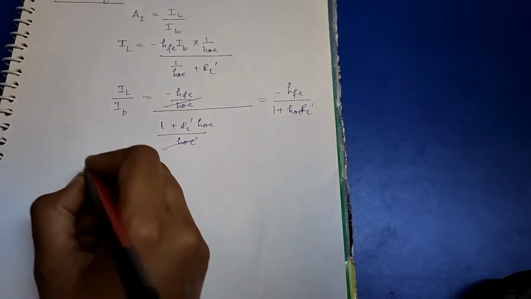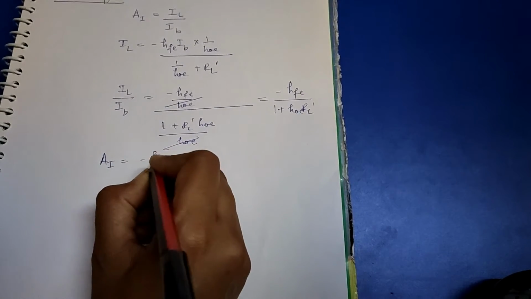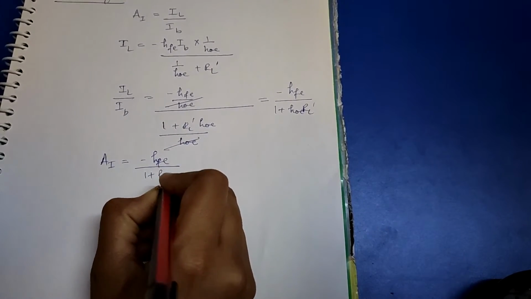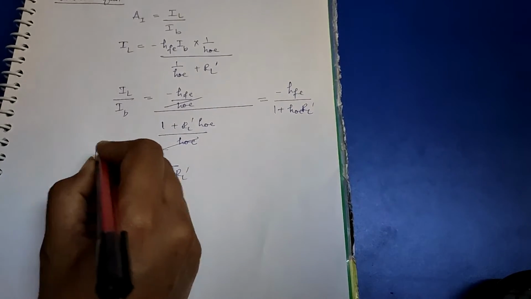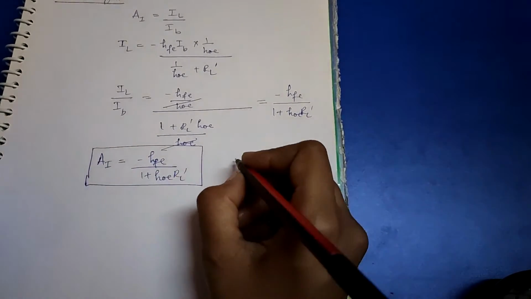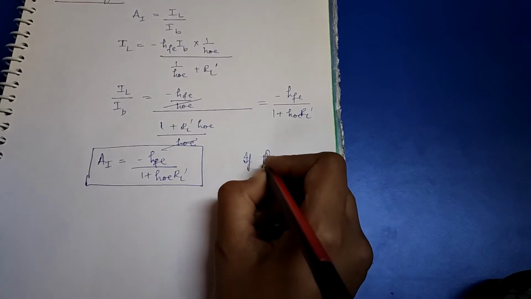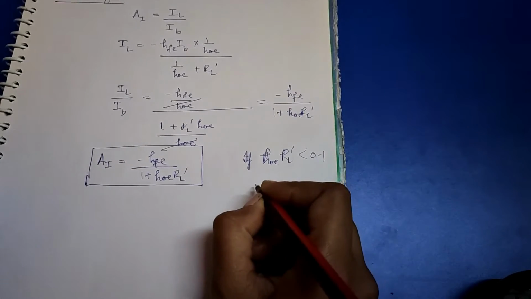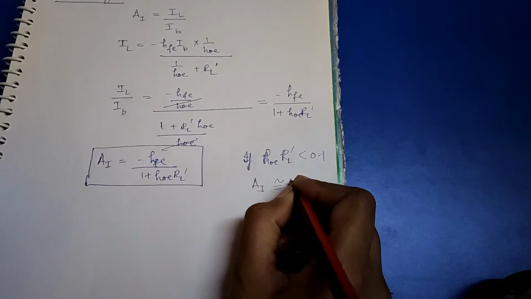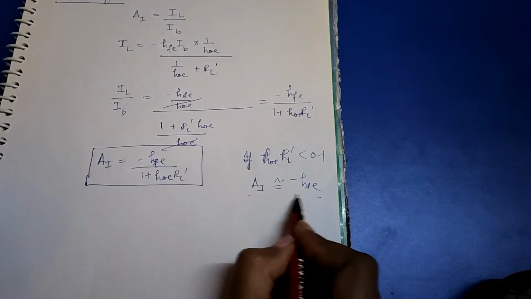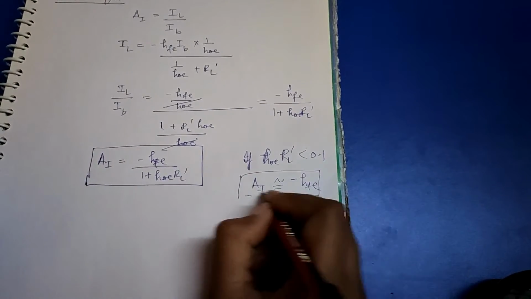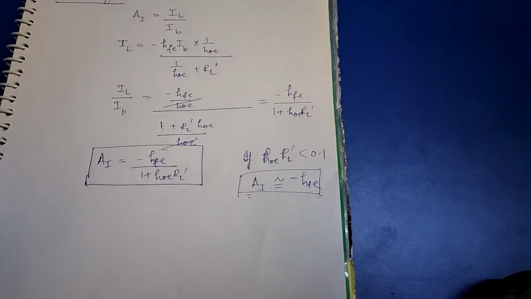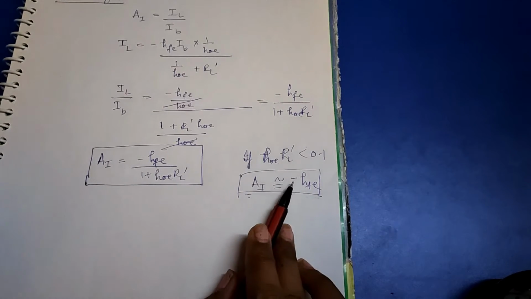Okay, so the current gain is given by minus hfe upon (1 plus hoe RL dash). So generally if hoe RL dash is less than 0.1, then the current gain is approximately equal to minus hfe. So guys, this is the approximate analysis which we are looking for. Okay, so negative sign appears because load current IL and output current IC are in opposite directions. That's why we have taken this negative sign.